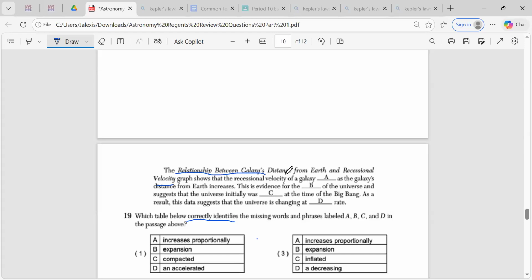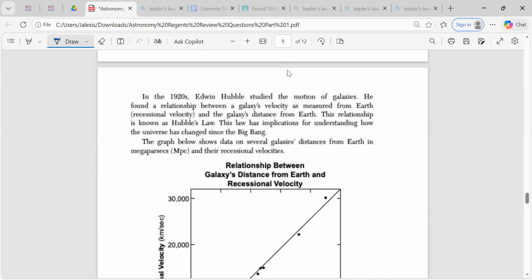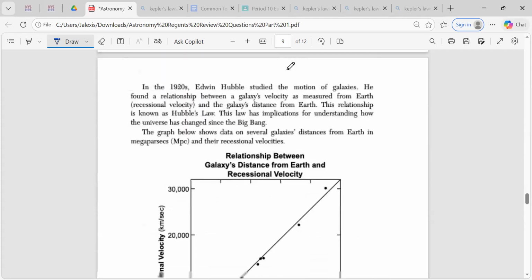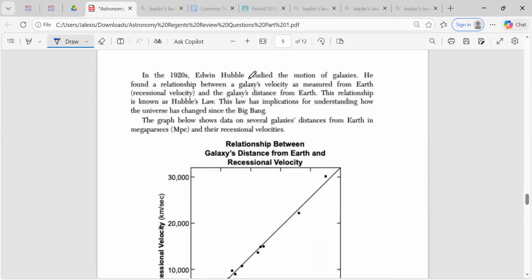So number one, we definitely have to be able to look at some background information. It says in the 1920s, Edwin Hubble studied the motion of galaxies. He found a relationship between a galaxy's velocity as measured from Earth, which is called the recessional velocity, and the galaxy's distance from Earth.